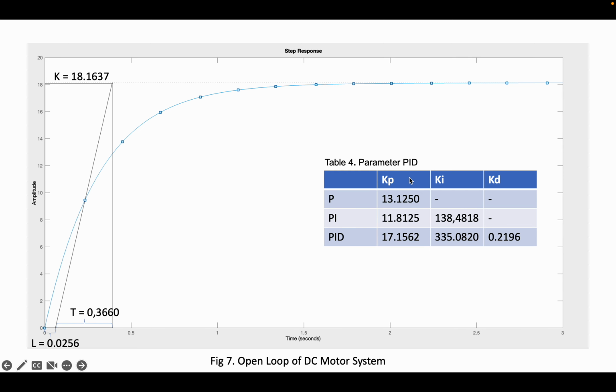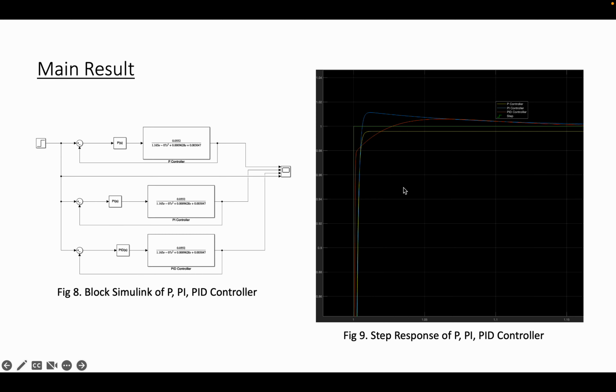So this is the table of the PID parameters. This is the simulation of the PI and PID controllers. This is the response of the system when I use the PI and PID controllers.